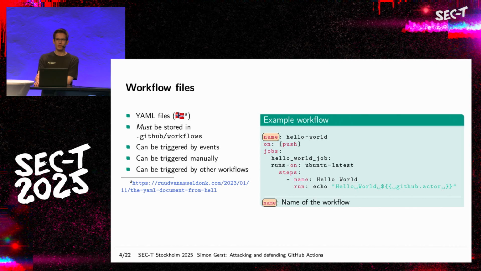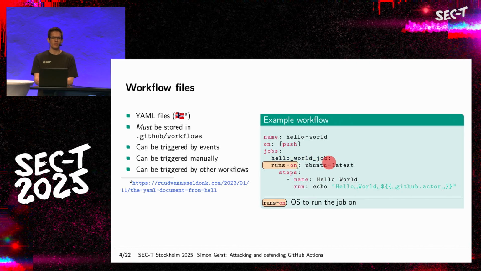Here's a very simple hello world workflow. You can give a workflow a name. You have to specify when the workflow should be executed, in this case, when somebody pushes a new commit. Then you can specify multiple jobs which should be run. You can give, again, a name.